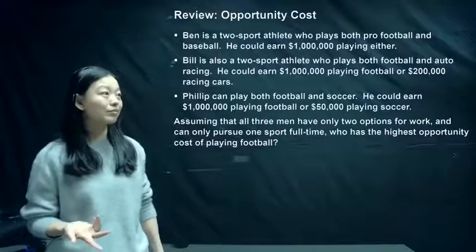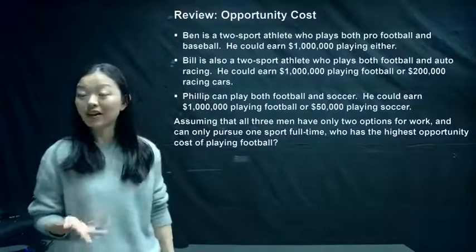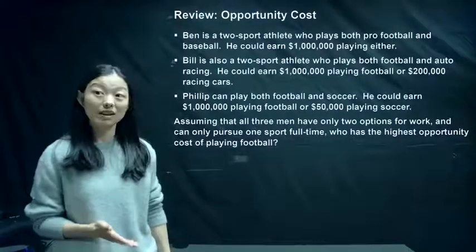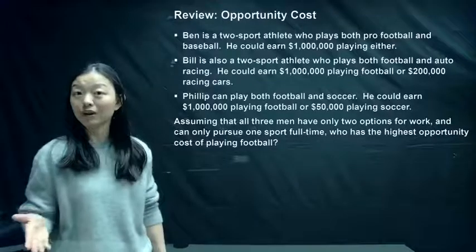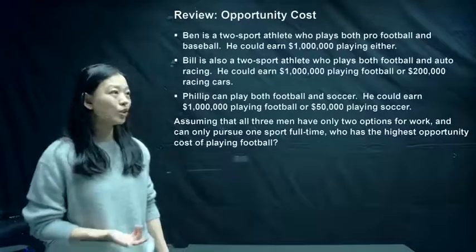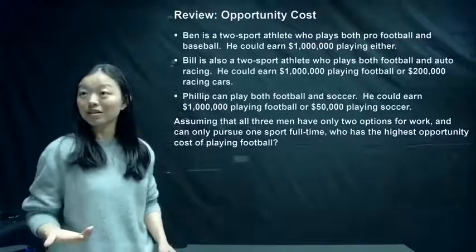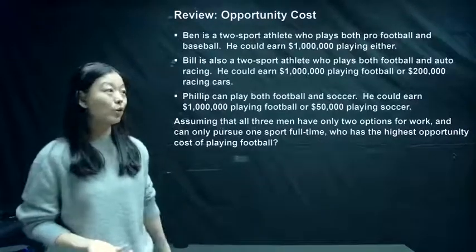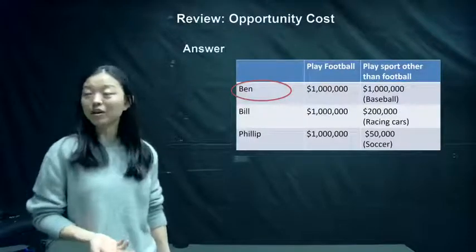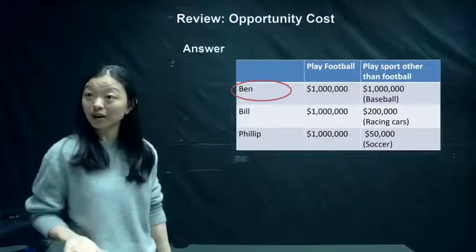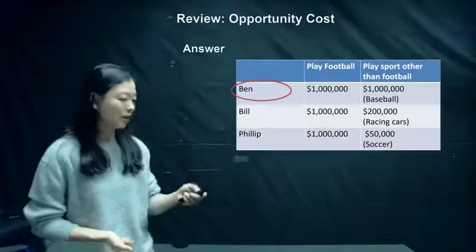For Philip, he needs to give up $50,000 from playing soccer if he chooses to play football, right? Therefore, who has the highest opportunity cost of playing football? Definitely, it will be Ben, right? Because he needs to give up $1 million playing baseball.